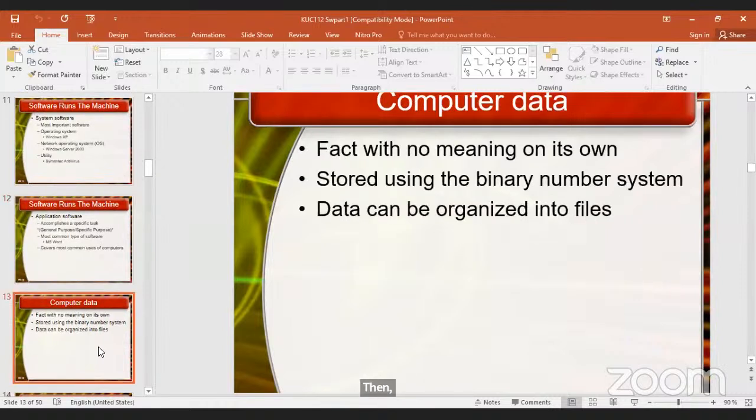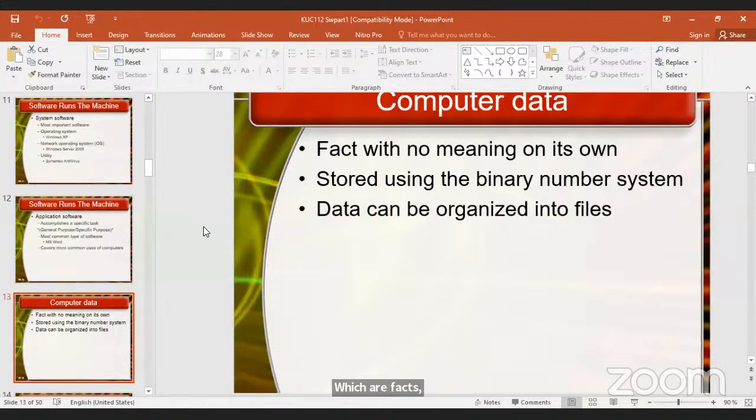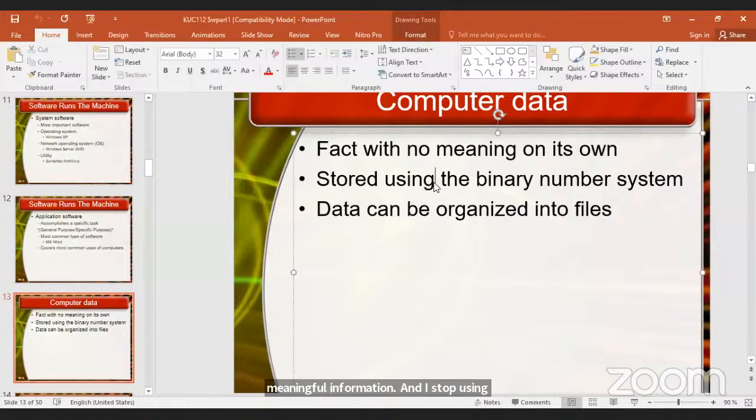Then computer data. We mentioned computer data; these are facts that need to be processed into meaningful information. So the computer takes in data, which are facts, then processes this data into meaningful information, and they are stored using machine codes that we shall learn later during our next lesson next week.